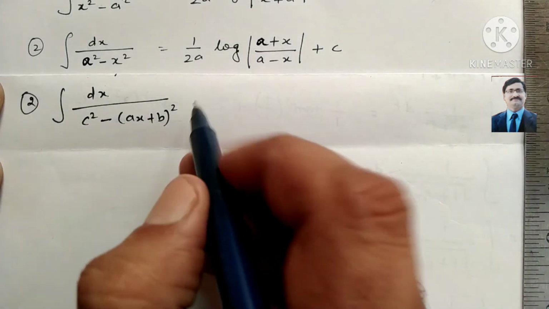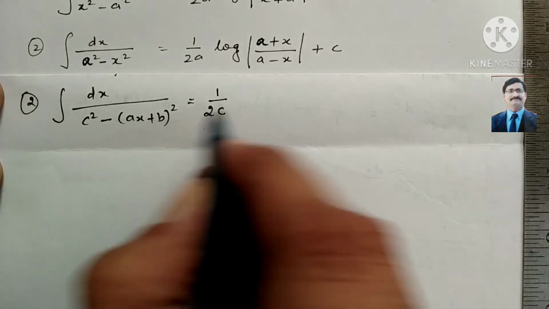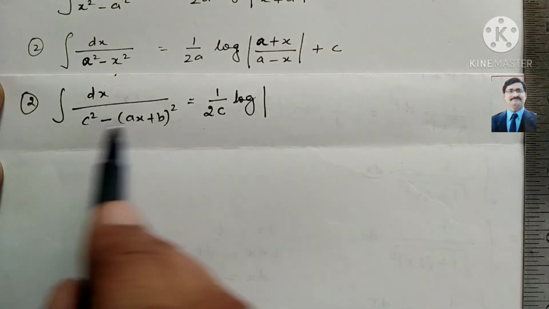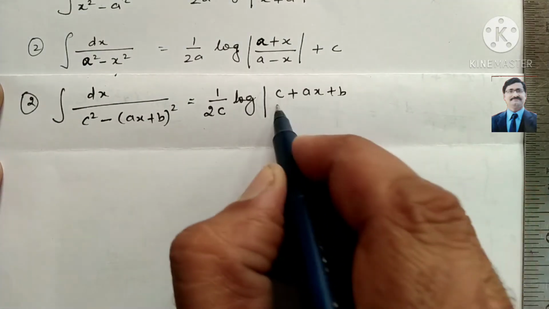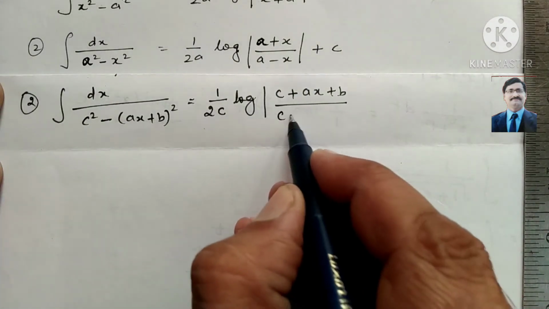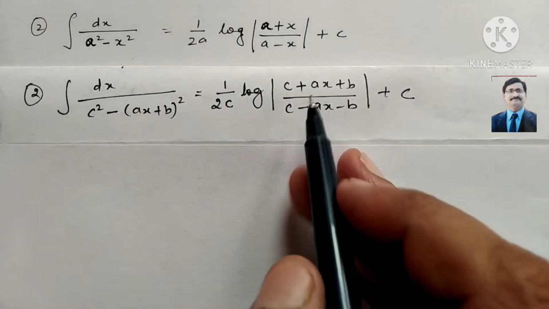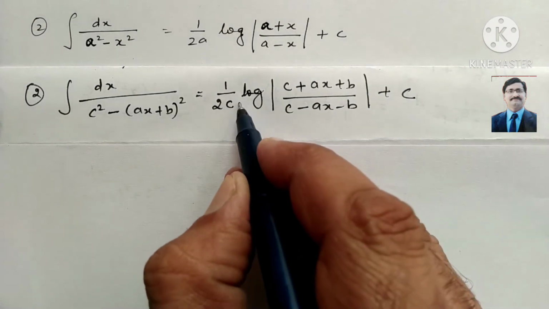So we write 1 upon 2c, log modulus of (c plus ax plus b) upon (c minus ax minus b). And the coefficient of x is a, so we have to divide this by a.